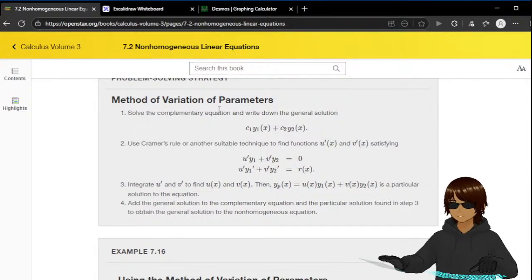Solve the complementary equation and write down the general solution. Use Cramer's rule or another substitute technique to find functions derivative of u, derivative of v, satisfying this. Integrate to find u and v. Then Vp is a particular solution to the equation.